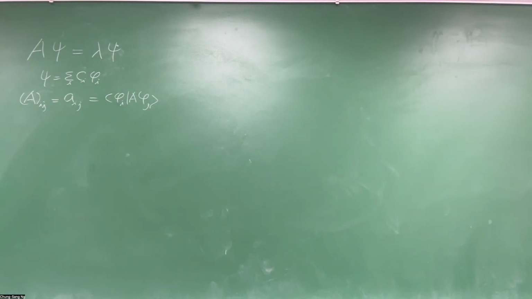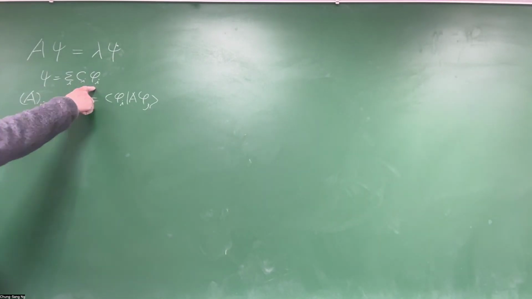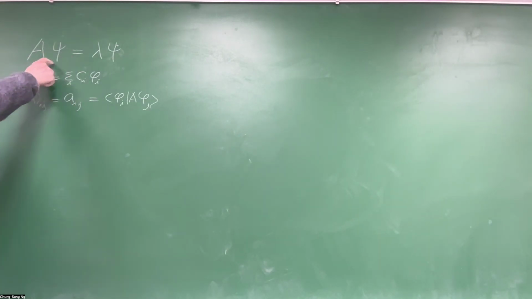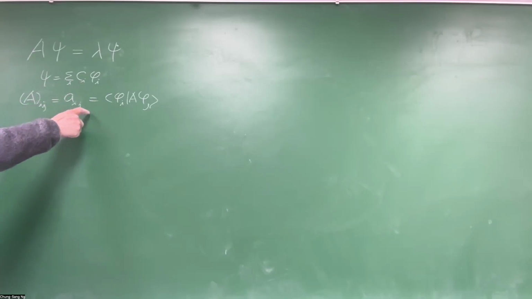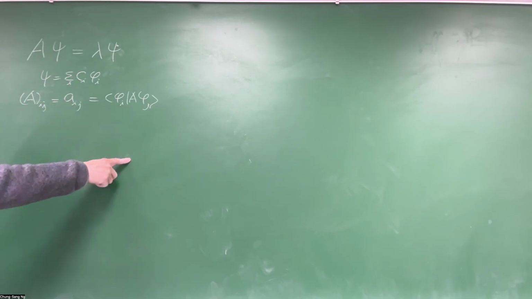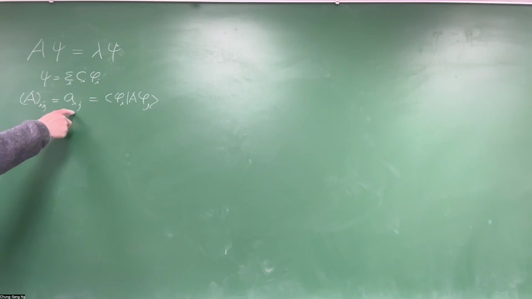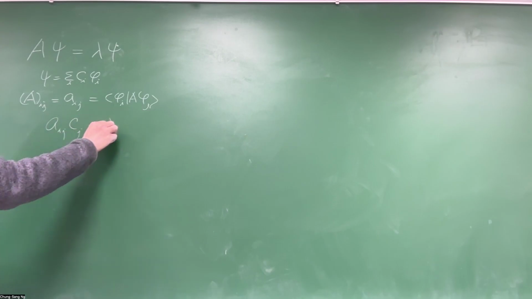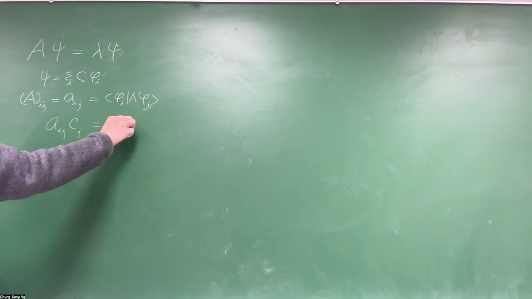So basically, you introduce a set of bases, and then express your vector and your operator in the basis. And that becomes this equation; you can transform it to a matrix equation. That becomes the sum over j of A_ij c_j equals lambda c_i.